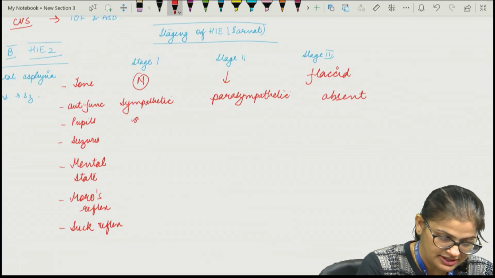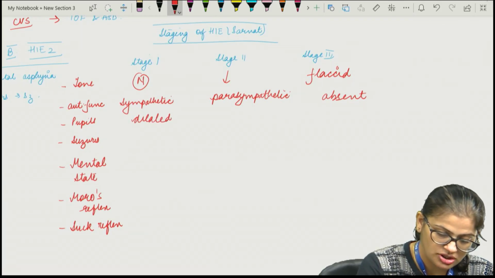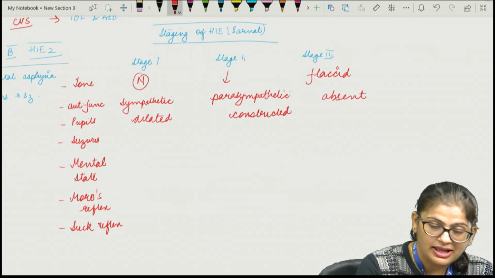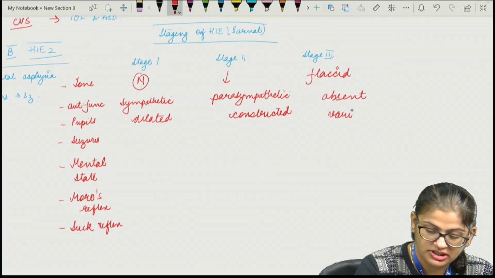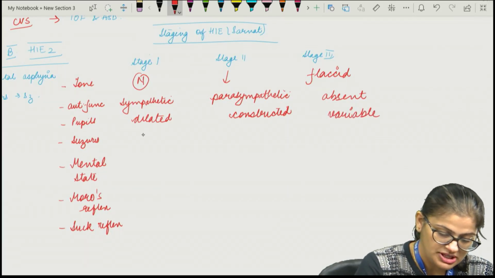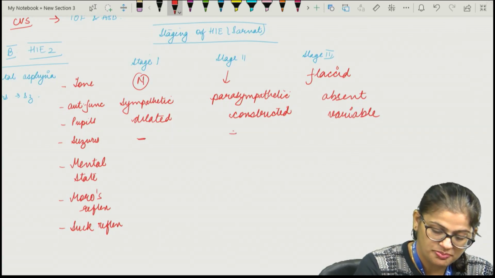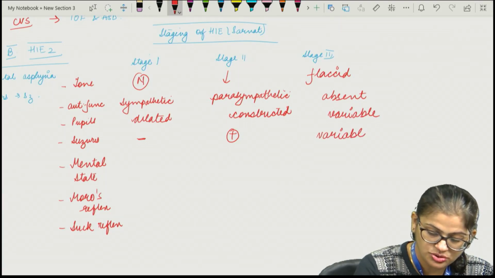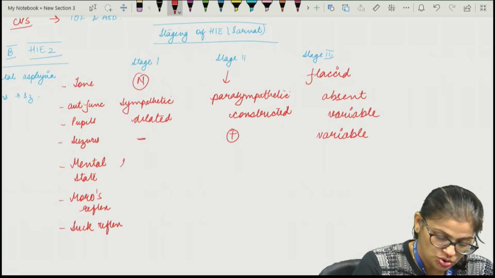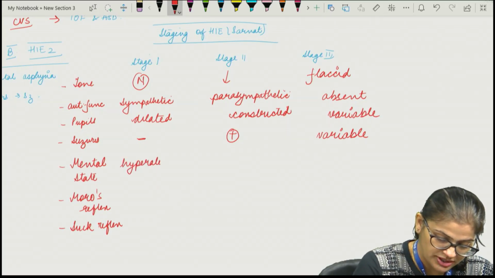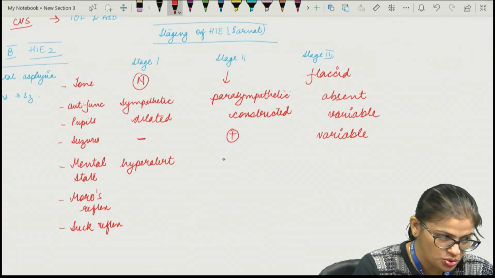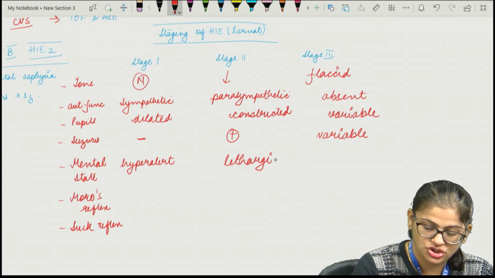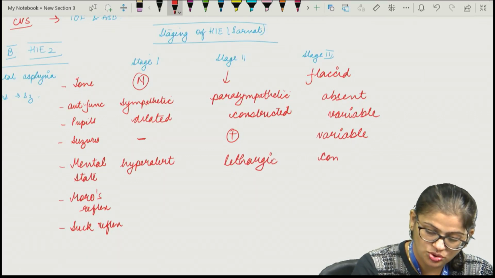The pupils are dilated in stage 1. They are constricted in stage 2, and the condition of pupils would be variable depending upon the clinical condition of the child in stage 3. Seizures are absent in stage 1, they are present in stage 2, and again the condition of the child is variable with regard to seizures in stage 3. Usually the child is hyper alert in stage 1. In stage 2, the child may be lethargic depending upon whether there were seizures or not, and in stage 3 the child is comatose or stuporous.